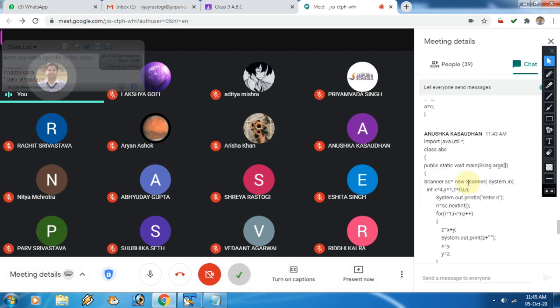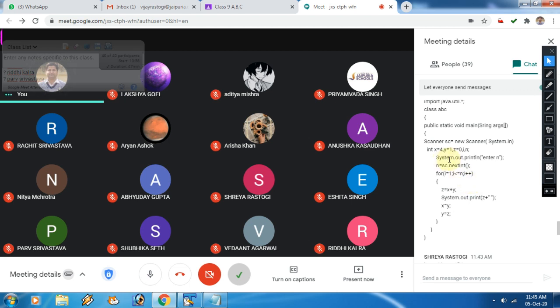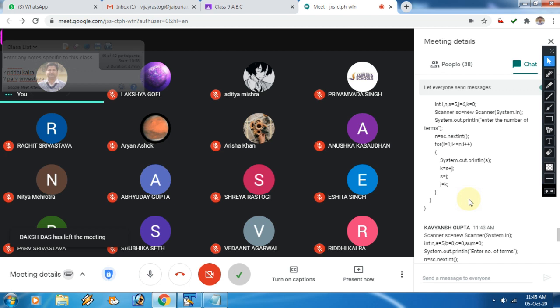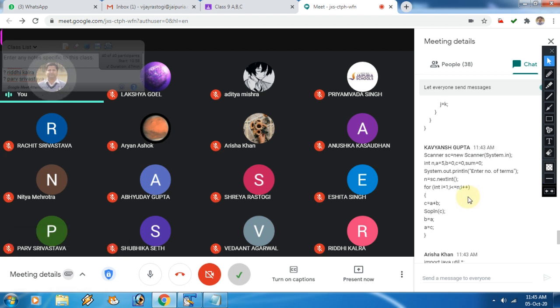Anushka Kasaudan, X plus Y. Yes, correct, beta. Shreya, it is wrong, beta. Please pay a little attention. It is wrong. Kavyansh is wrong. The starting values of A and B must be different. If you are putting 5 and 0, this is wrong.